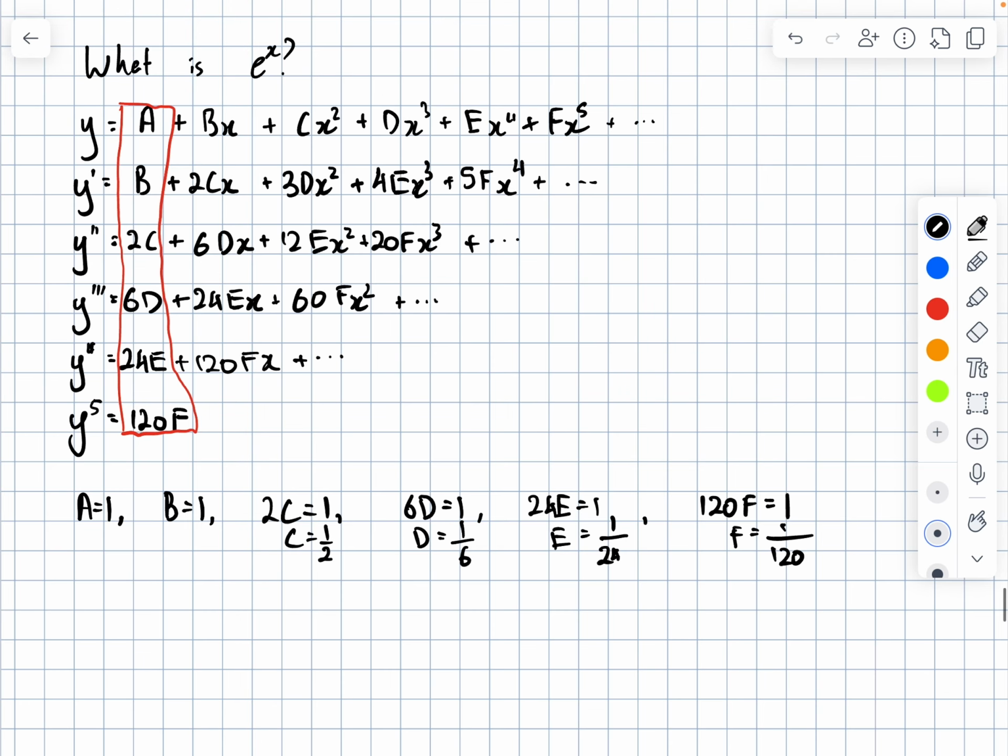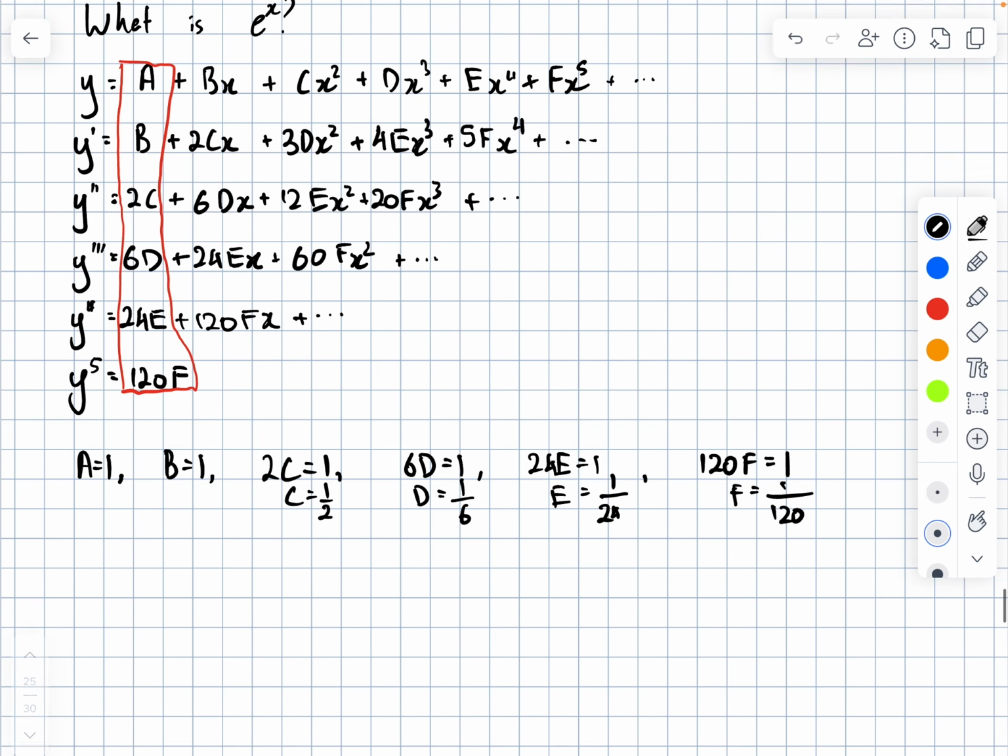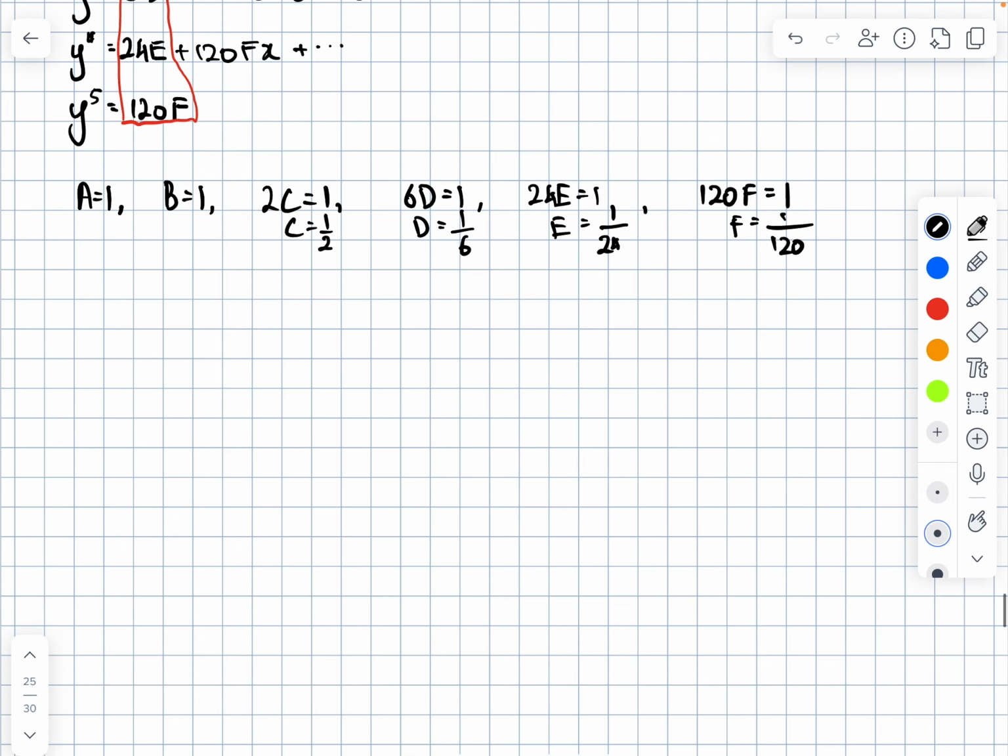Now, it doesn't necessarily look like a pattern right away, but there is actually a pattern going on. B could be written as 1/1, and so could A. Now, there's not that much interesting going on in A and B, or C, but D, 6 can be written as 3 times 2 times 1.